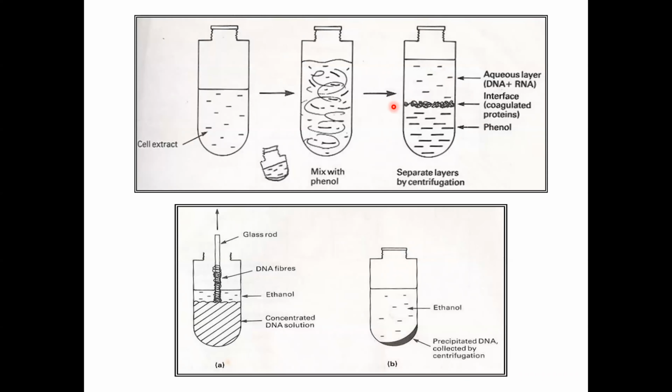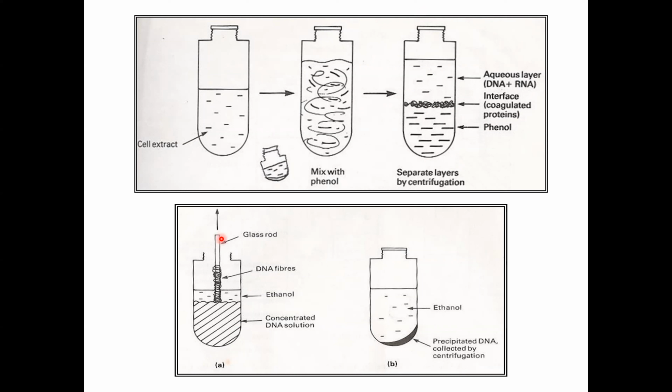At the middle there's a visible layer, usually turbid, which is your coagulated proteins. At the lower part is your phenol, the reagent that you added previously. This is performed through centrifugation. There's no other way of isolating your nucleic acids.